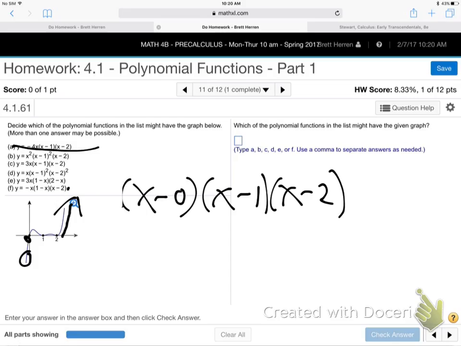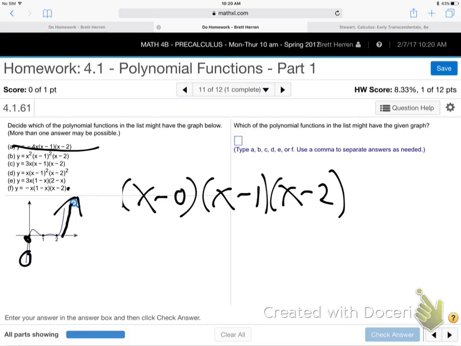Could it be B? Why can it not be B? Because x squared would bounce at 0 and at 1. See how the x minus 0, the x, is squared, and the x minus 1 is also squared, even power, bounce. It's not bouncing at 1. Oh, it is bouncing at 1. Ooh, I better look. I didn't notice that. It's bouncing at 1 and 2, but not at 0. So it's not B still.